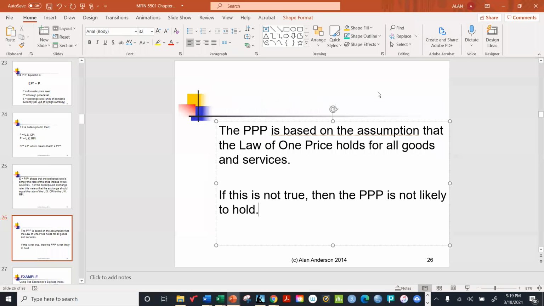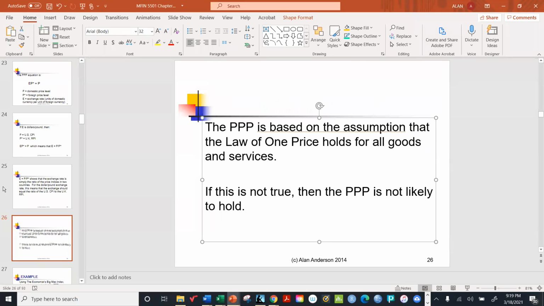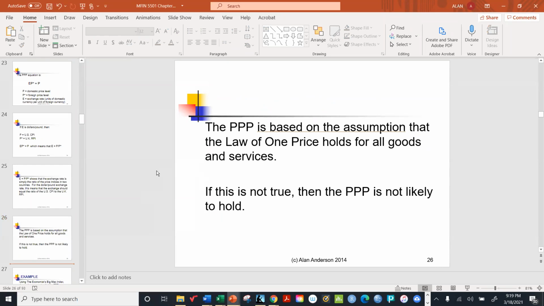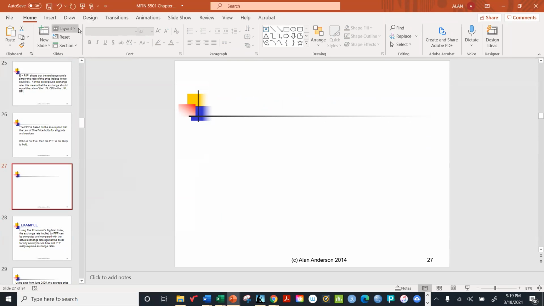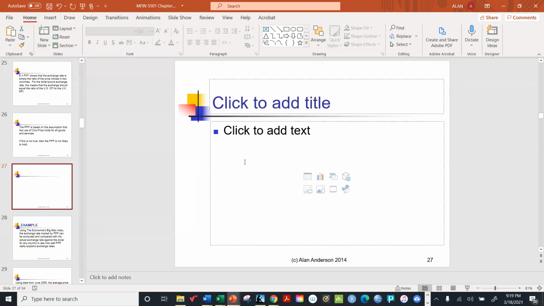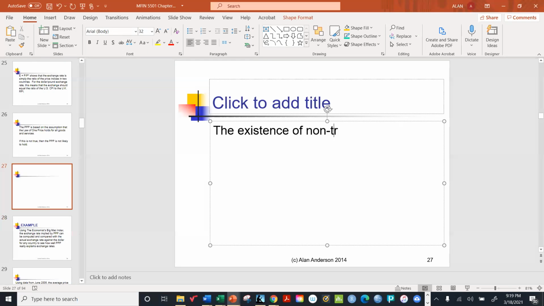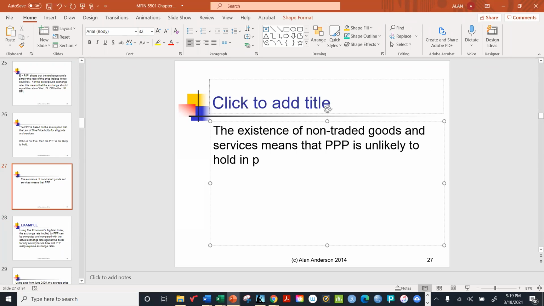So the existence of non-traded goods and services means that PPP is unlikely to hold in practice.